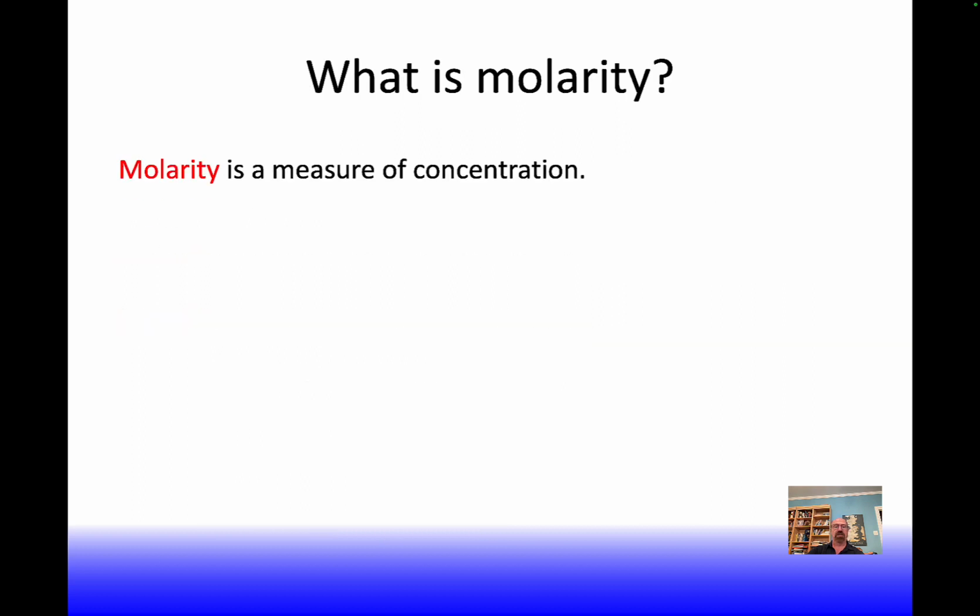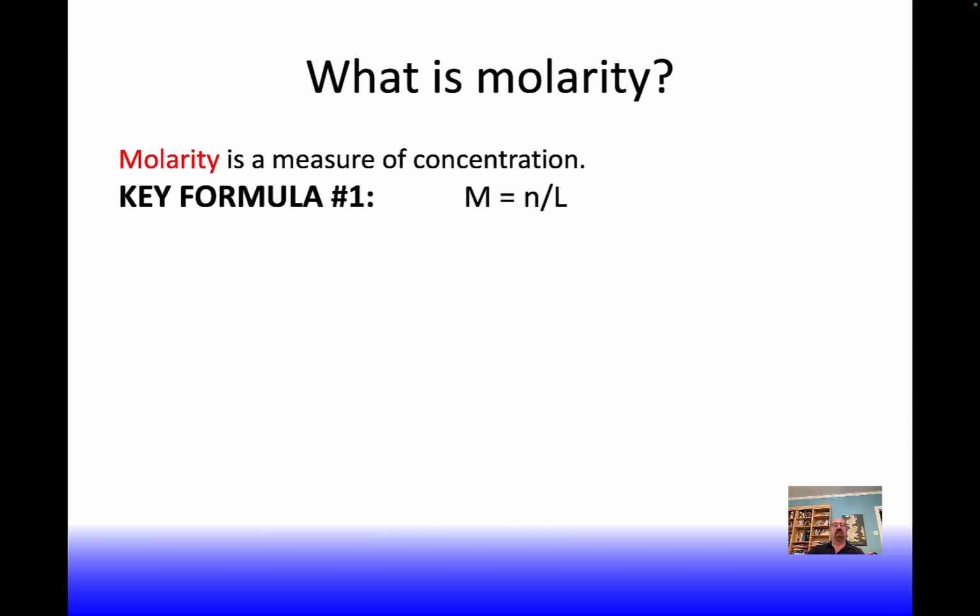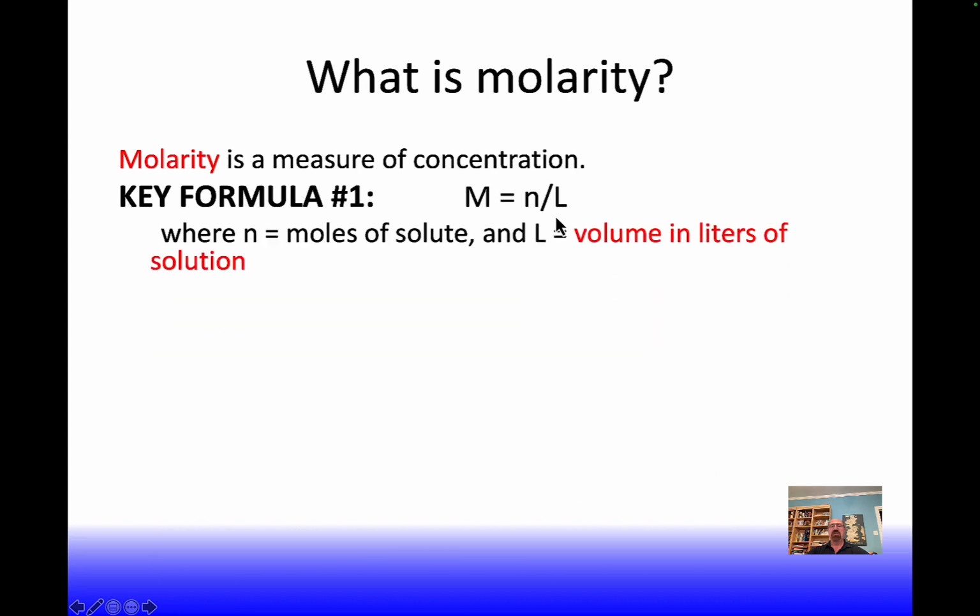Now, molarity. Molarity is, again, a measure of concentration. For molarity, we use capital M to represent it in chemical equations, and it equals moles, which we represent with a little n, divided by liters of solution. So n is moles of solute, L is liters of solution. That's our volume.